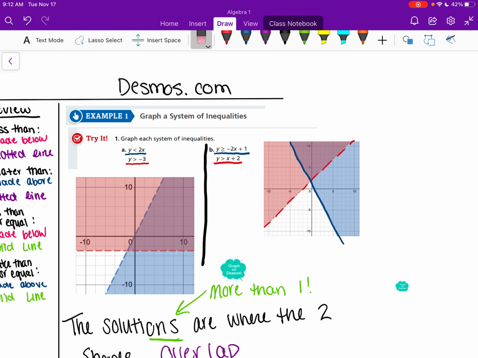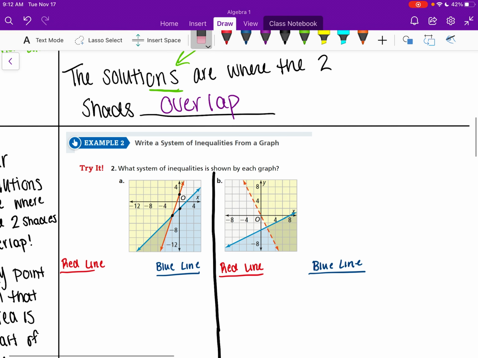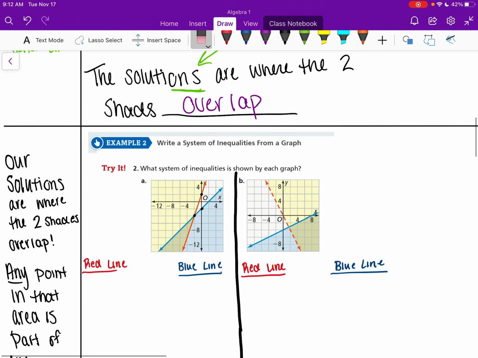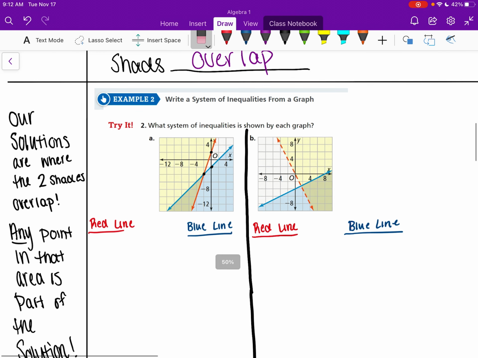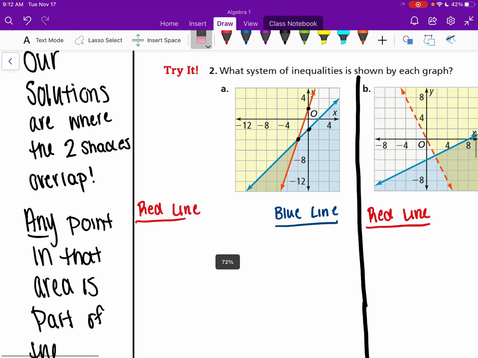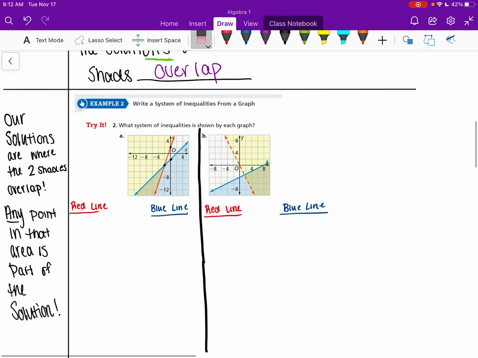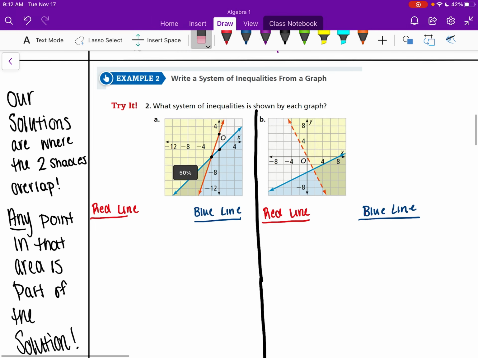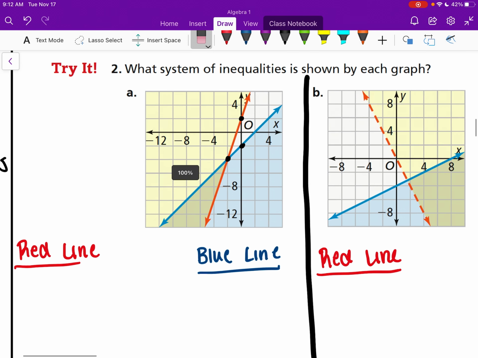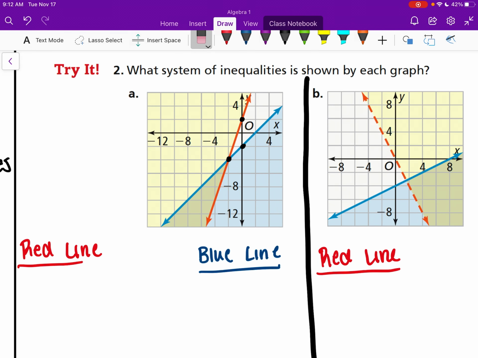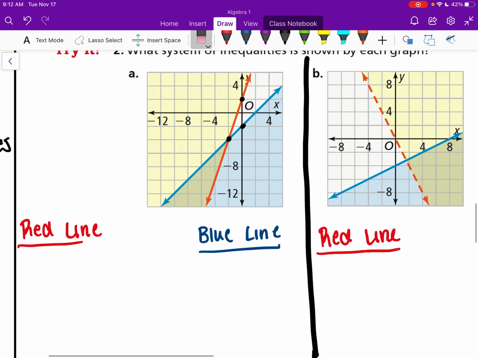So let's jump to example 2 and practice writing these system inequalities and finding those solutions. So 2A says what system of inequalities is shown by each graph, and they go ahead and give you our two lines, and so we are going to write the equations of both of these lines, and that is our system of inequalities.